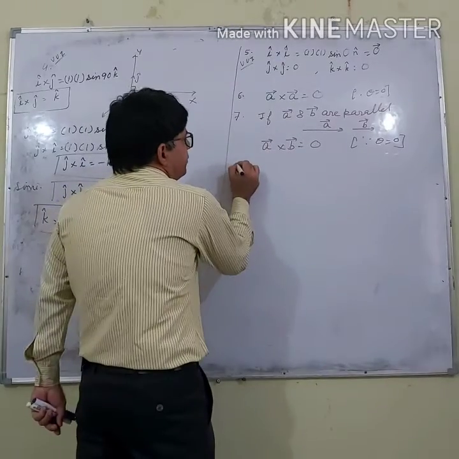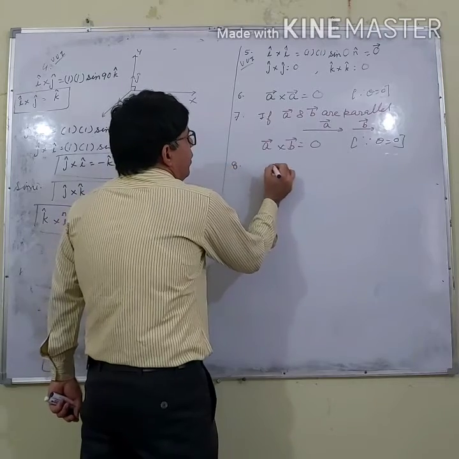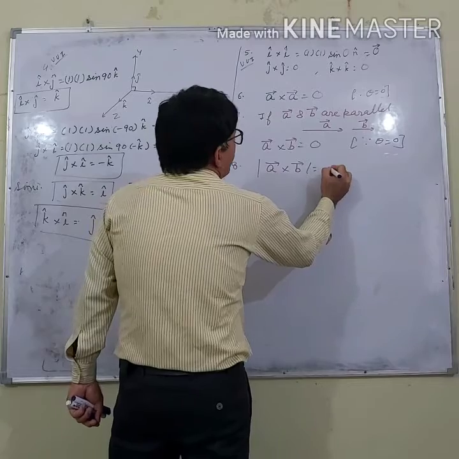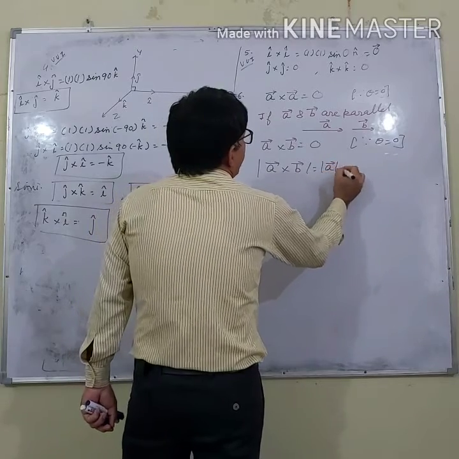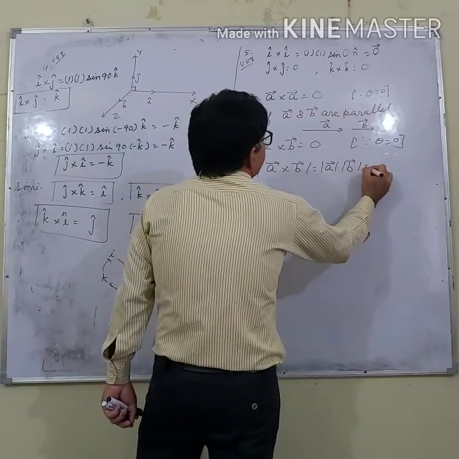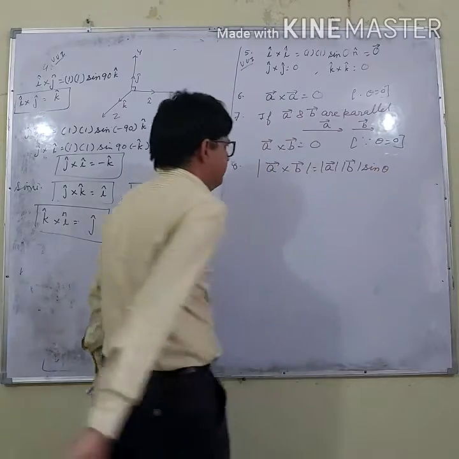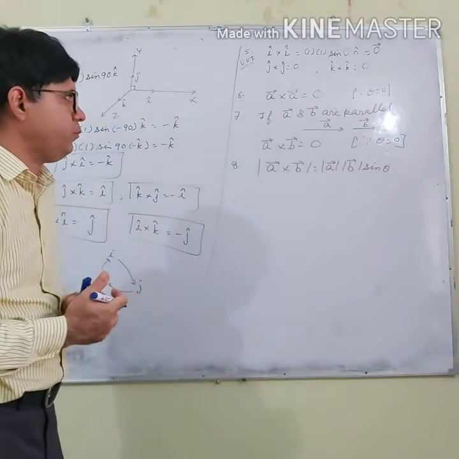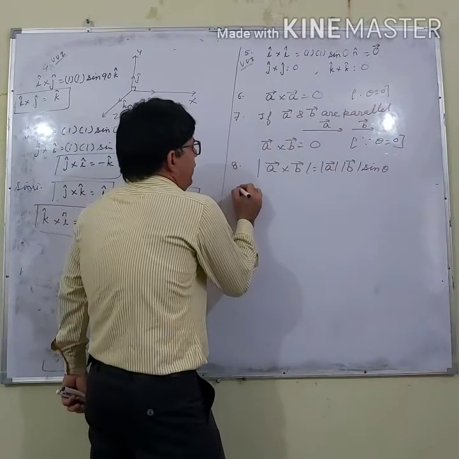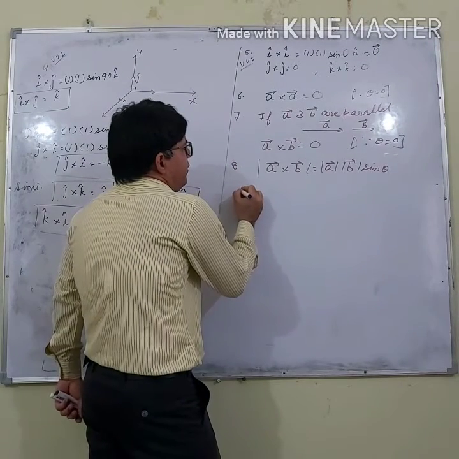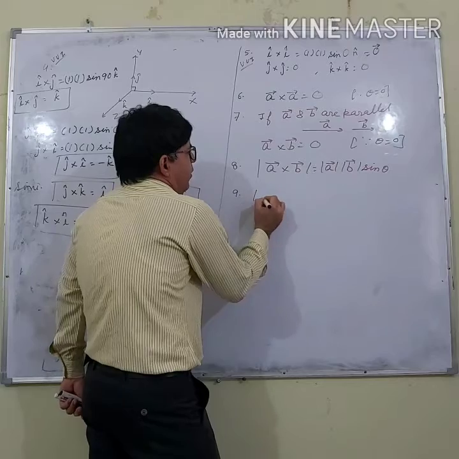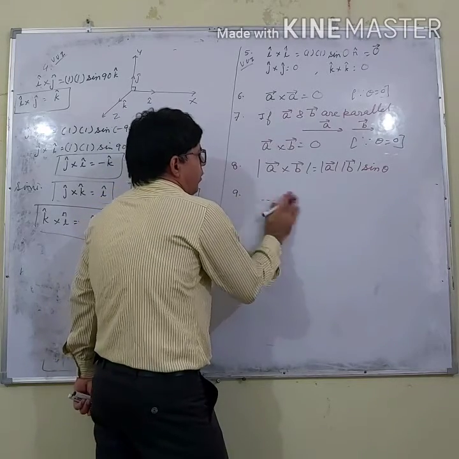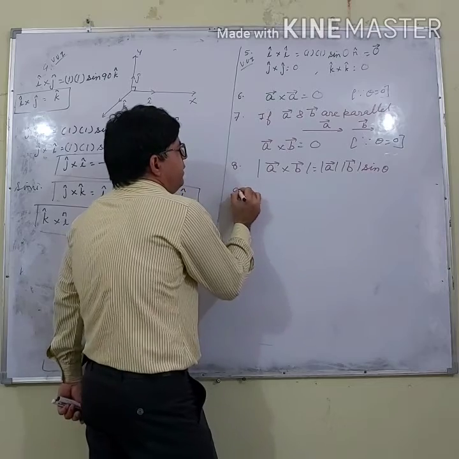8th point. What is the magnitude of A cross B? Magnitude of A multiplied by magnitude of B, sine of theta, because the magnitude of the unit vector is 1. Right? 9th is, what is the maximum value of A cross B?